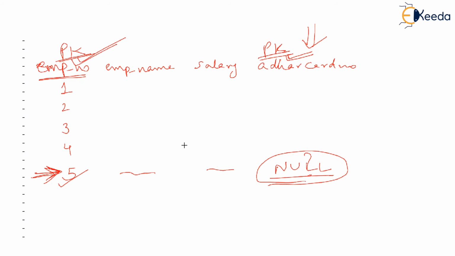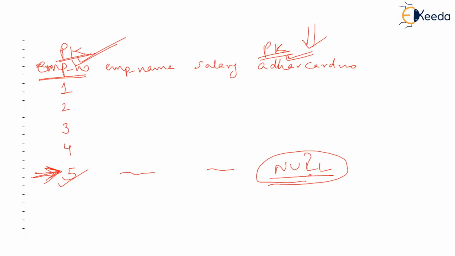Let's say all employees are having PAN card numbers. And you all know that PAN cards are also unique. So for income tax returns filing, you need PAN cards, and PAN cards are unique for all employees. So somebody will then have a conflict: why don't you make PAN card number the primary key?